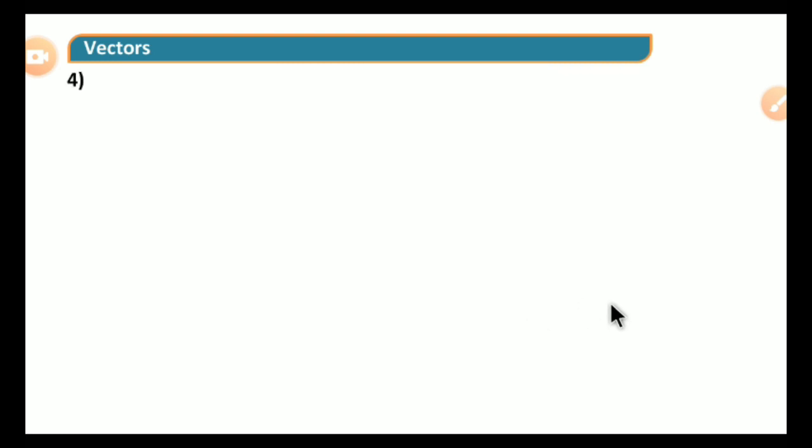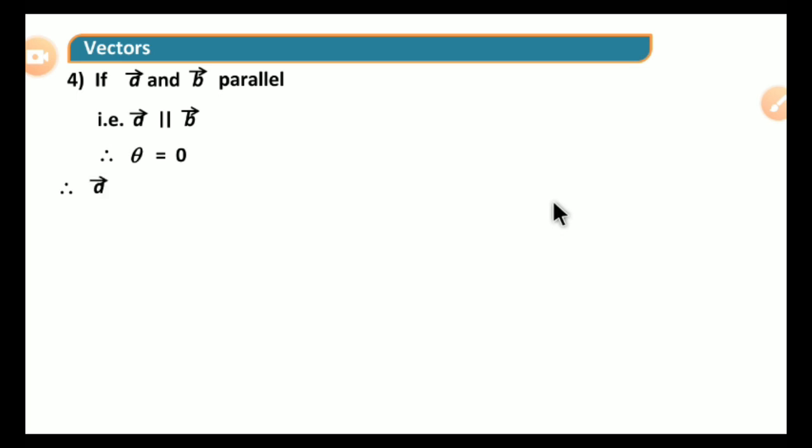Then we will go for the next property. If vector A and vector B are parallel, then what will happen? A is parallel to B, therefore theta equal to 0, because both are parallel means there is no angle between them, so theta becomes 0. Therefore vector A dot vector B is equal to AB cos 0, by the definition of scalar product.